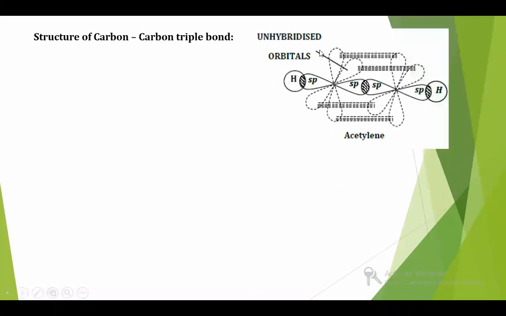Structure of alkynes, carbon-carbon triple bond. Here you are noticing one carbon, and the second one on the right side is another carbon. Each undergoes sp hybridization.